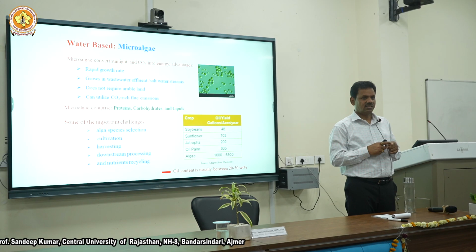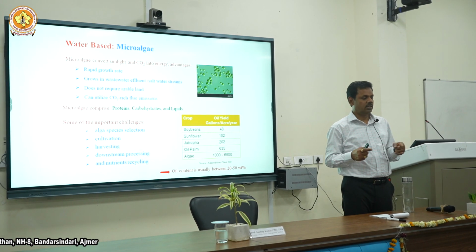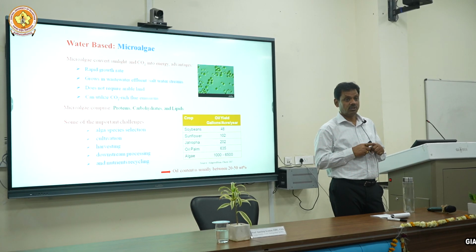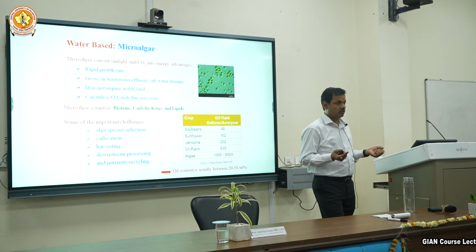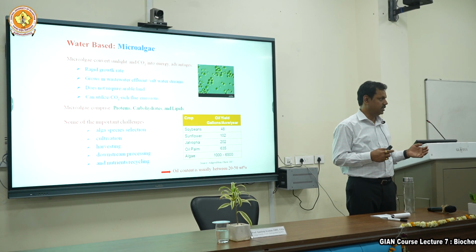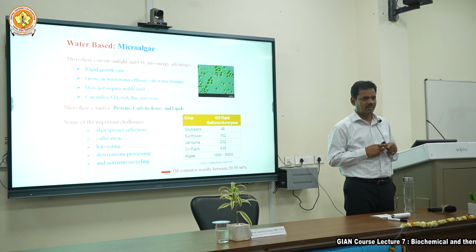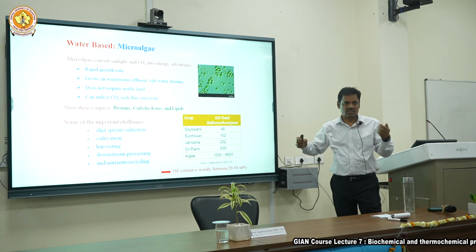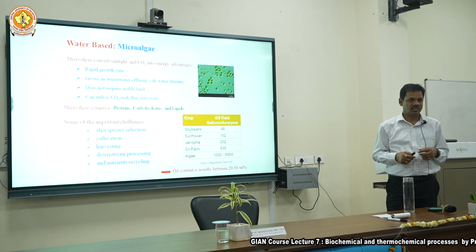What it has is lipids, more oil, which is what we are looking for as material. It has a lot of protein, and we need protein for the protein diet, animal feed, and many other things. And it has carbohydrates. All these things are easily accessible, because it's just a micron-size kind of particle.